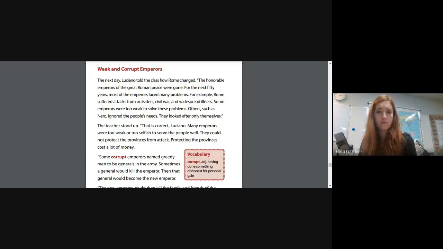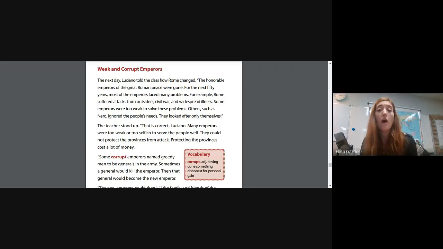Civil war. What's civil war? We had a civil war in our country, but there are also civil wars that happen in all sorts of countries around the world. It's when people within the same country are fighting against each other. It's really sad that that happens ever. Now, there was civil war within the empire.